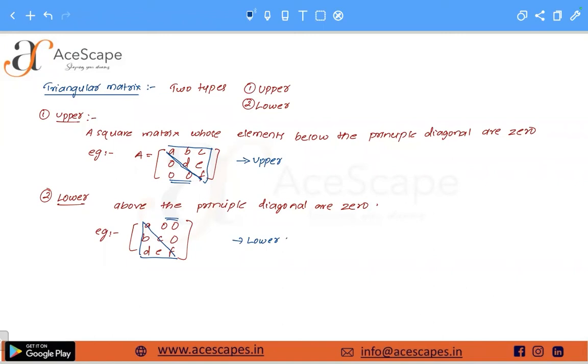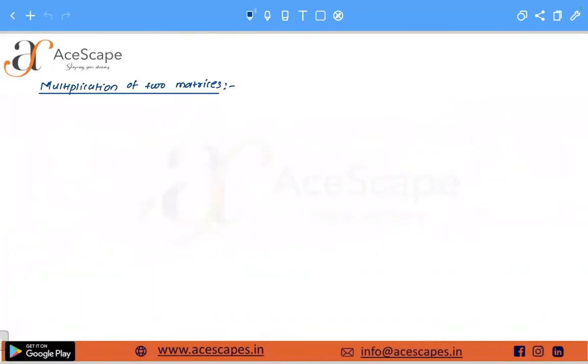We need multiplication of matrices to understand the next types of matrices. So regarding multiplication of matrices, will a multiplication of two matrices always make sense? Suppose I have two random matrices A and B, can I always multiply such matrices? We cannot always multiply these matrices.